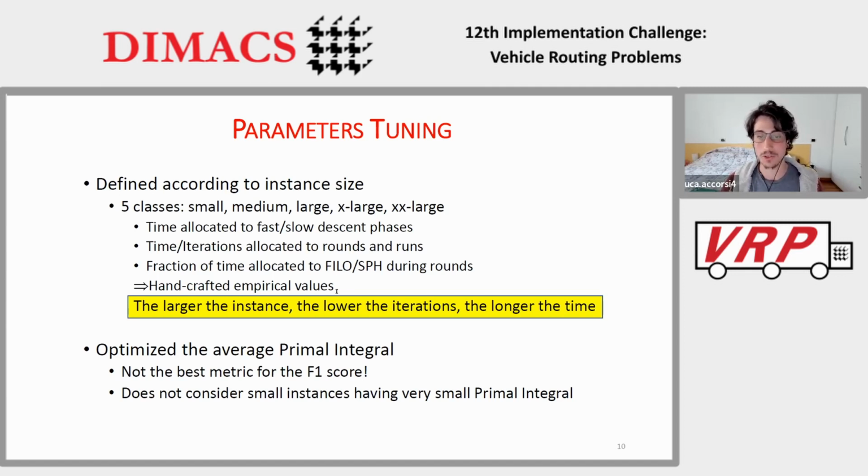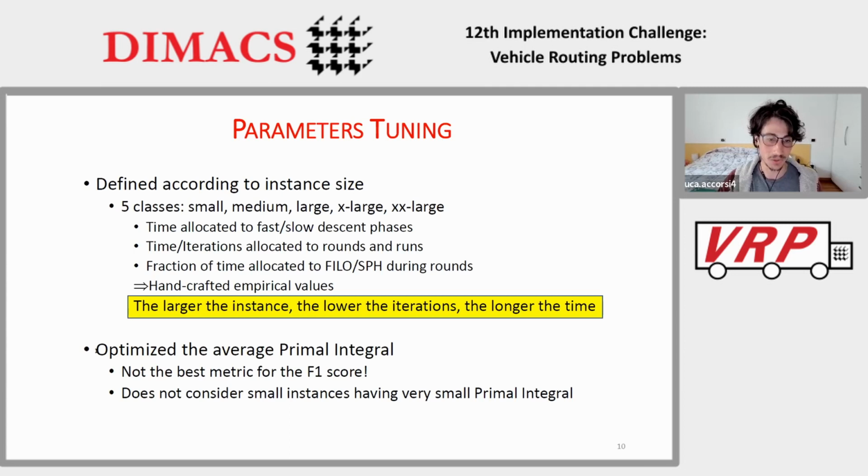We tried to perform a little bit of local search around these values without too much success. The idea we follow is that the larger the instance, the lower are the iterations allocated to rounds and runs, but the longer is the time for every iteration, because for larger instances, we cannot really restart too many times.